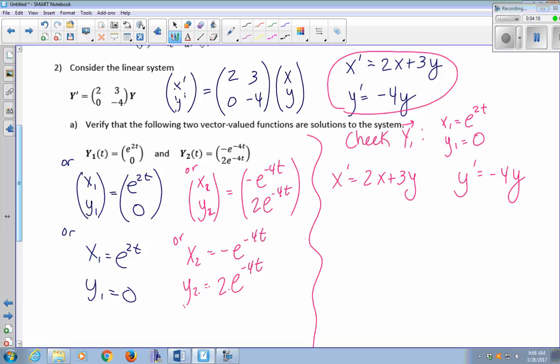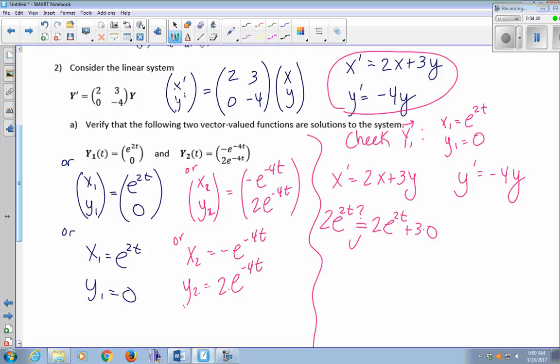If x is e to the 2t, what's x prime? 2e to the 2t. So I'm going to put that in for x prime. 2e to the 2t. And then does that equal 2x plus 3y? So 2 times x1 is 2e to the 2t plus 3 times 0. Is that a true equation? Yes. Check.